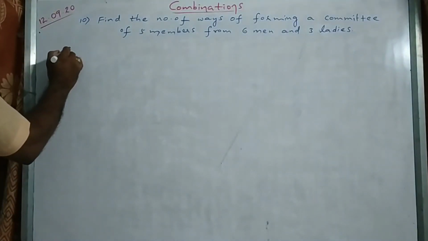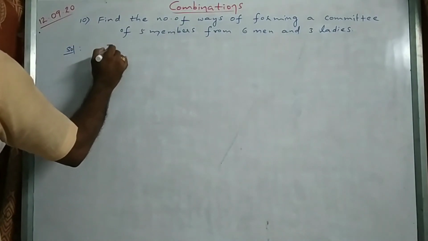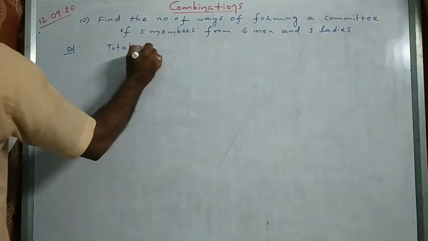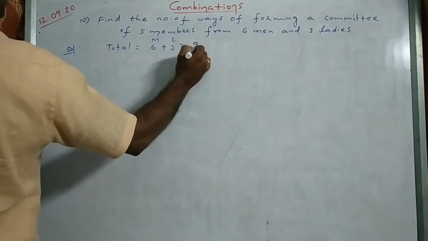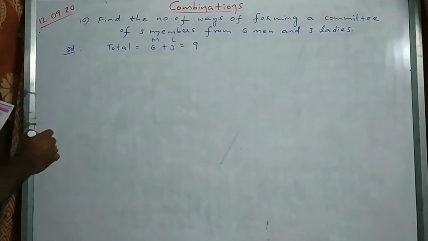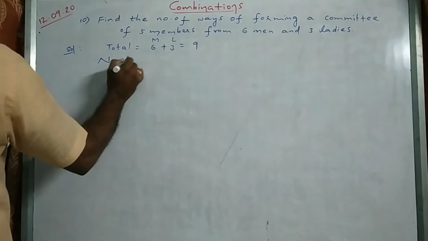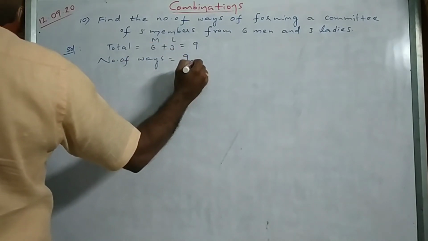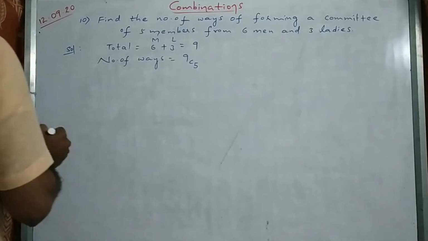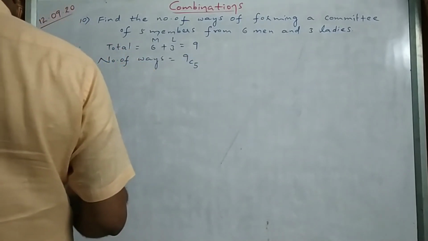So total 6 men plus 3 ladies together 9 are there. I want to select a committee of 5 members. Number of ways equals total 9C5. Selection of 5 members from 9 members is nothing but 9C5.